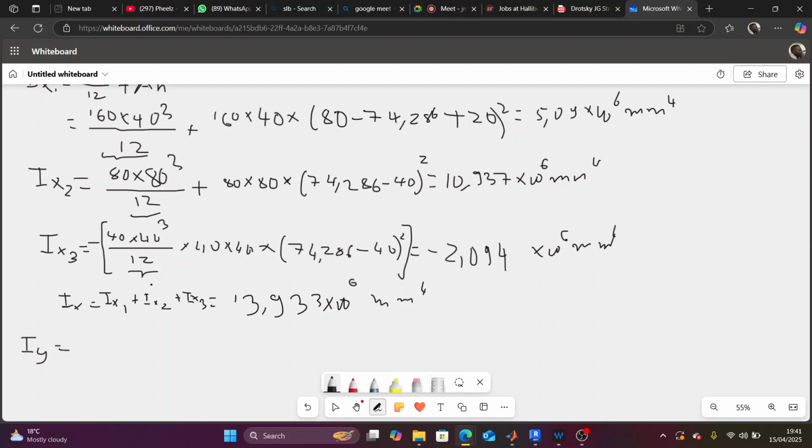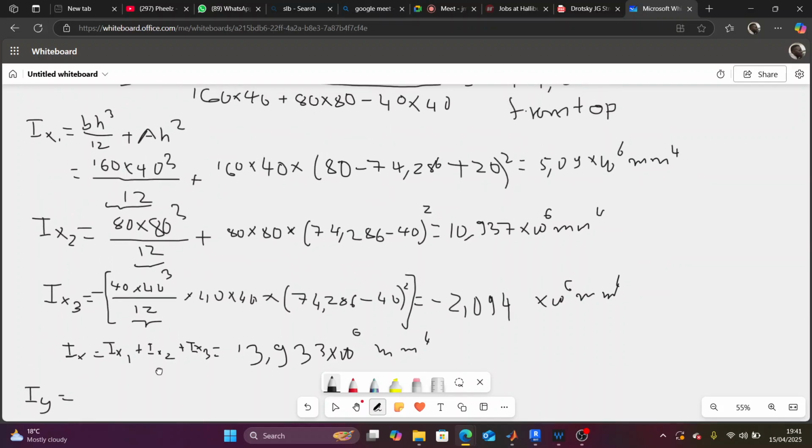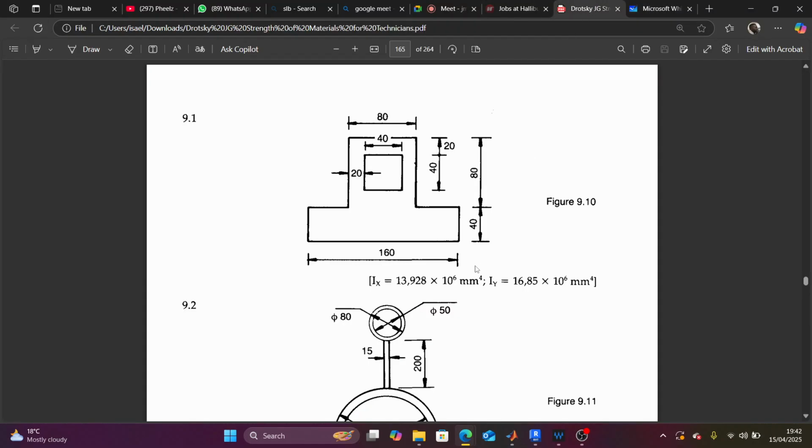Do we also subtract, or we add? You subtract. Yeah, it's 4,053. No, something is off because they are getting 16. Do you see it?